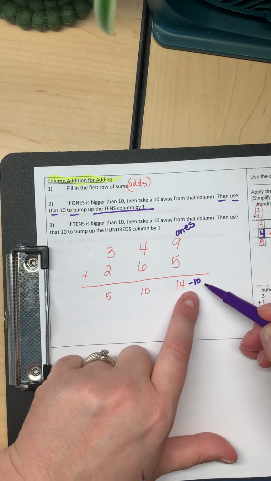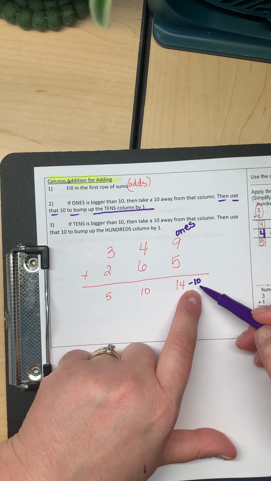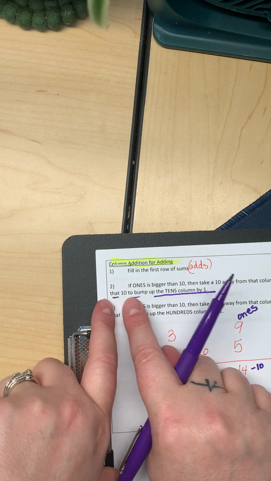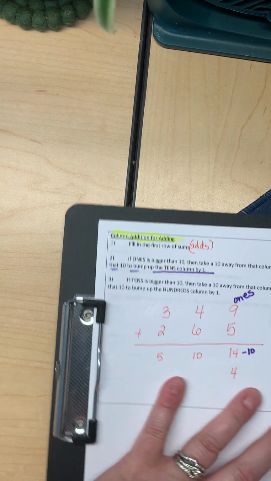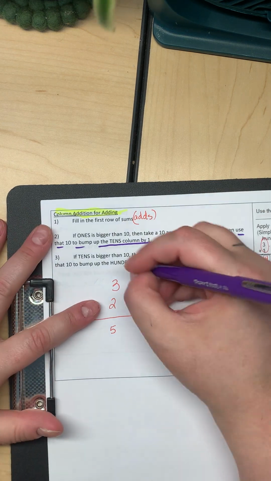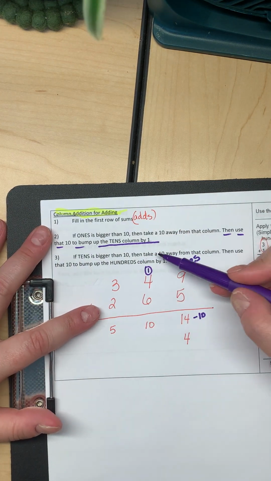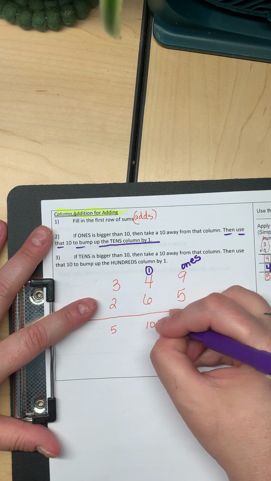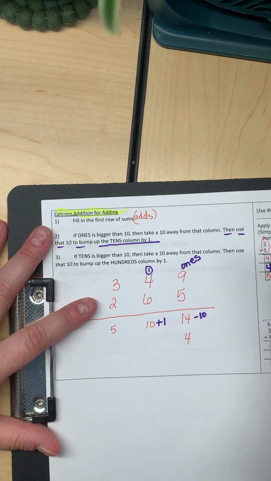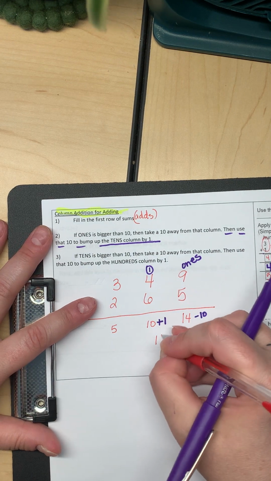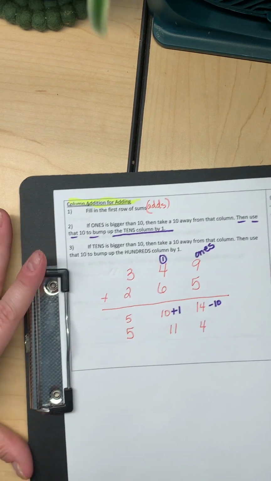Okay, and since we subtracted a 10 here, then we have to bump up the tens column by a 1. So it's kind of like we're doing that carrying a 1 thing, you know? So we add 1 here, which makes 4 plus 6 is 10, plus 1 is 11. And then bring down the 5.